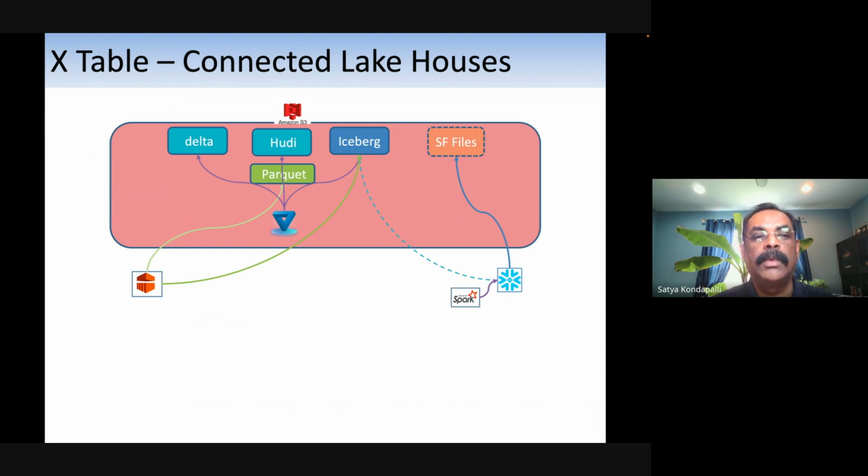So this XTable works only on your metadata. It won't touch your data files, and it is also incremental. Let's say you keep updating the Iceberg table, then every time you run the conversion, or sync, I don't want to call it convert, sync, it goes only through the most recent snapshots and converts into Delta and Hudi metadata.